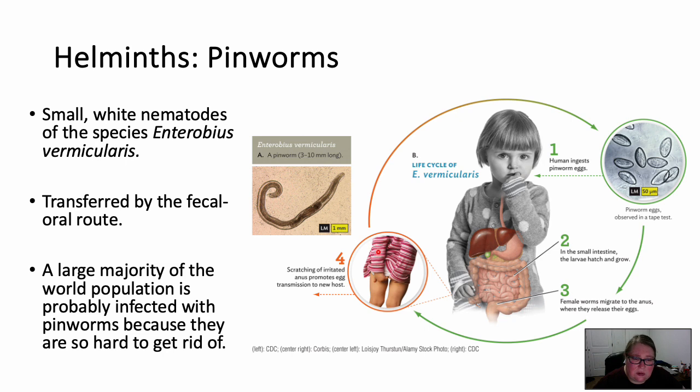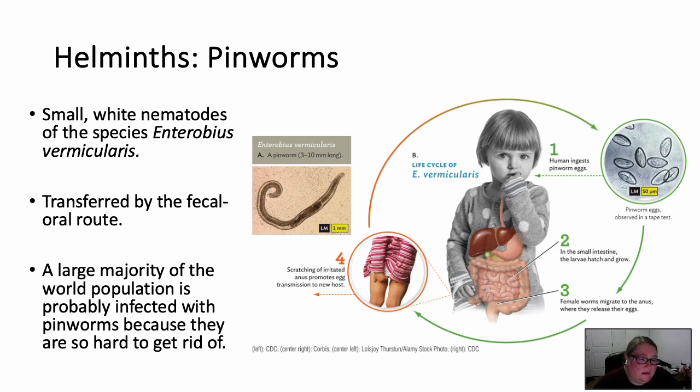This was what was causing that itchiness for Dottie and her family, because the itchiness causes them to scratch, which promotes the transmission of eggs from them to other people. So there is an evolutionary meaning behind this itchiness.